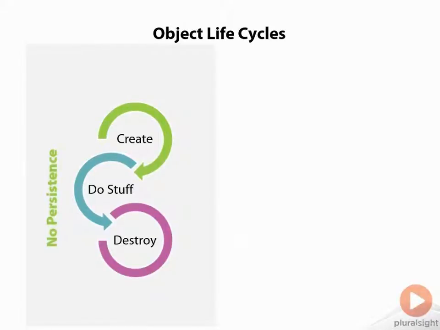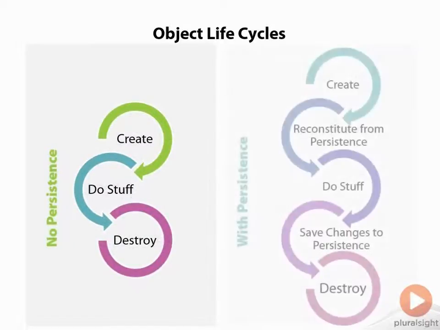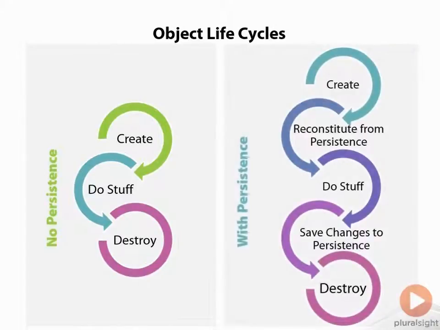When you think about the life cycle of an object in your application, you should consider two cases. In the first case, you have objects that are not persisted. These objects are created, perform some work, and then they're destroyed. In the second case, you have objects that are persisted. These objects have a slightly more involved life cycle, since after the object is created, it must be reconstituted with whatever state it had when it was last saved.